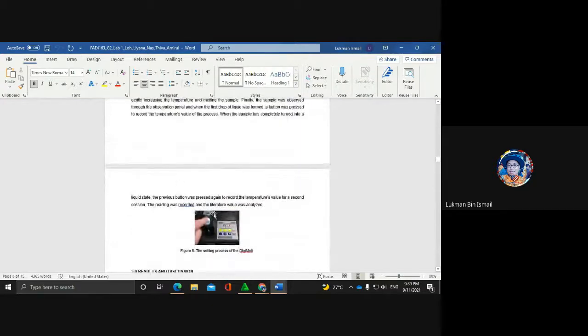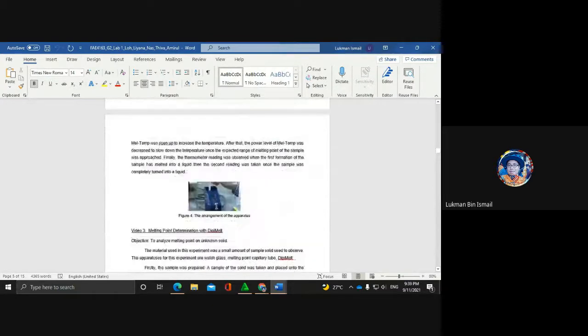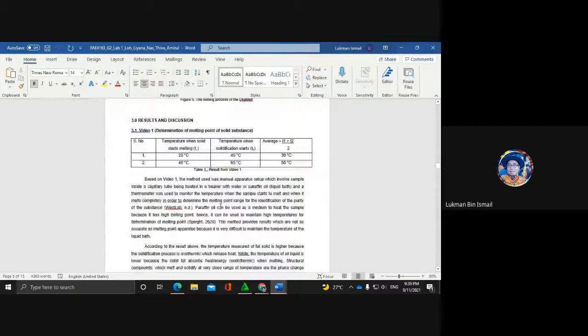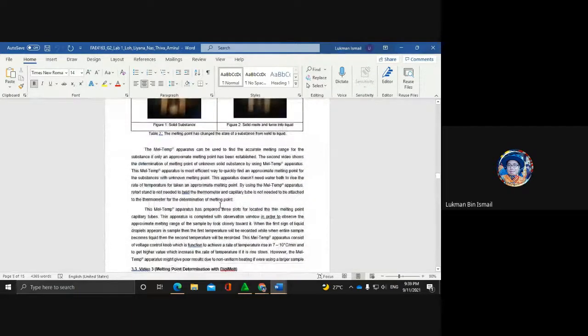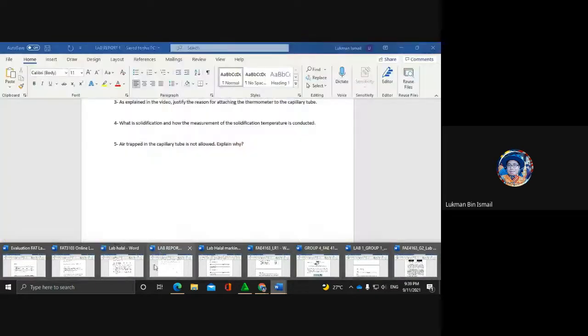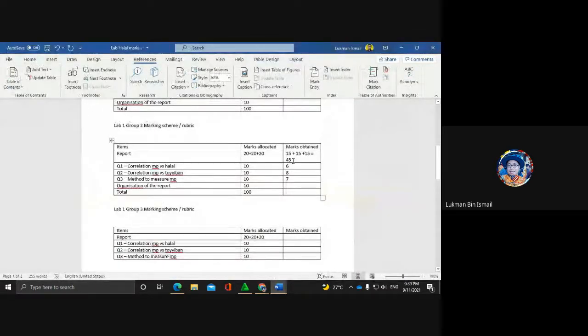And then you missed out several figures. Forgot to put all the figures. So of course you cannot get full mark. There is a mistake there, so I'm giving you 6 for that.